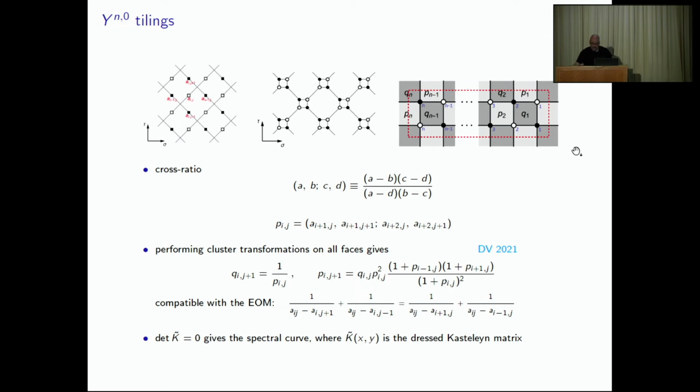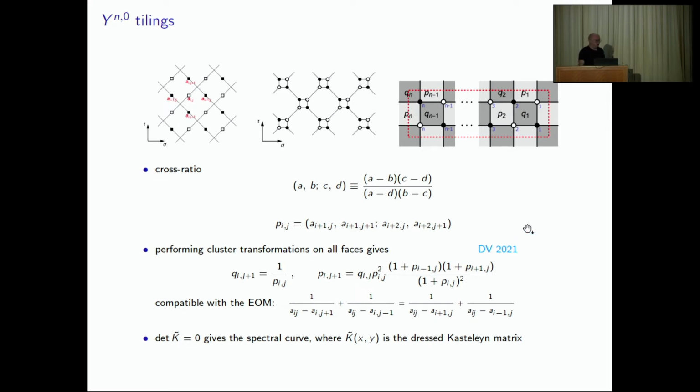Okay, so how is this related? I can just color these faces with 2 different gray colors, because these 2 face variables, dynamical variables, sort of mean different things. So how are these dynamical variables related to the celestial variables that I talked about? Well, it turns out that they can be given by cross ratios. So these p's especially are just simple cross ratios of nearby celestial variables on the worldsheet.